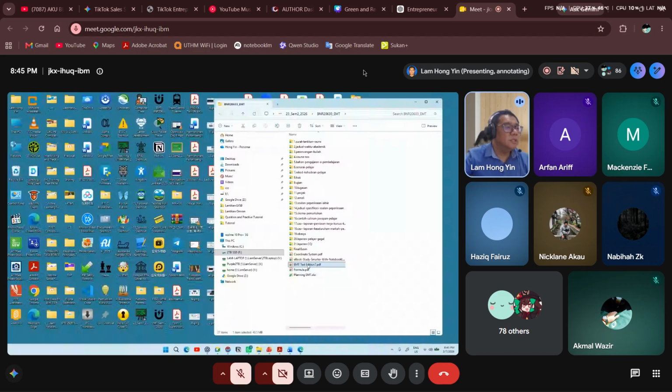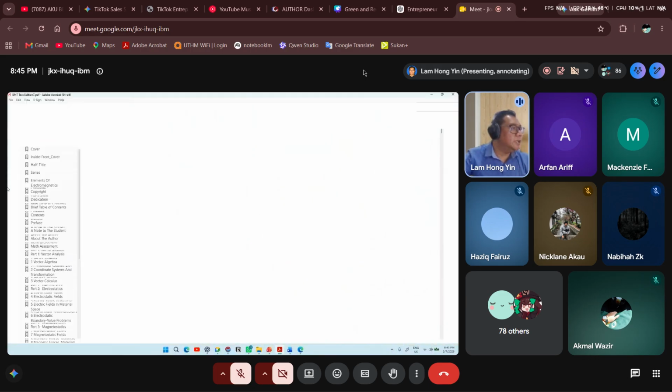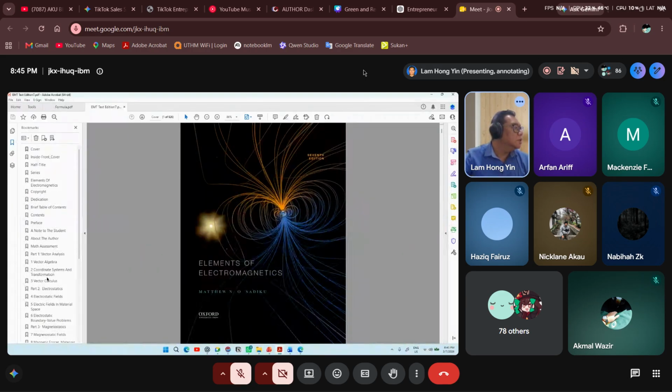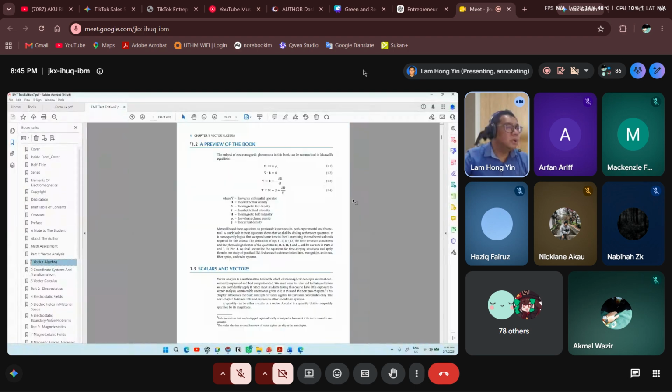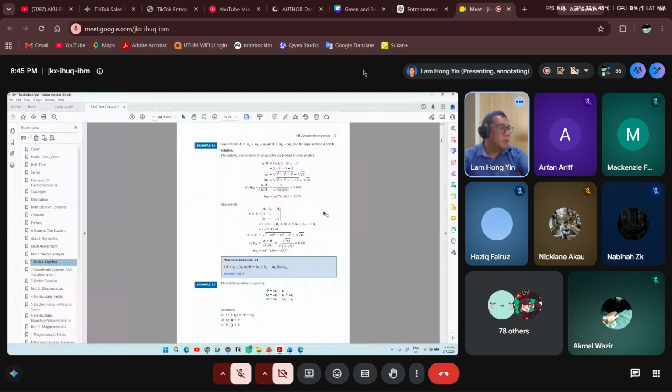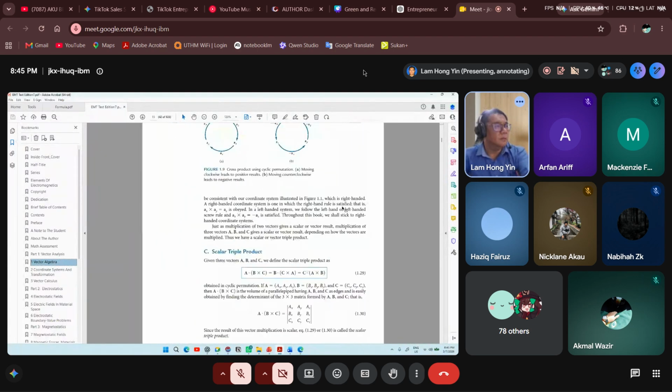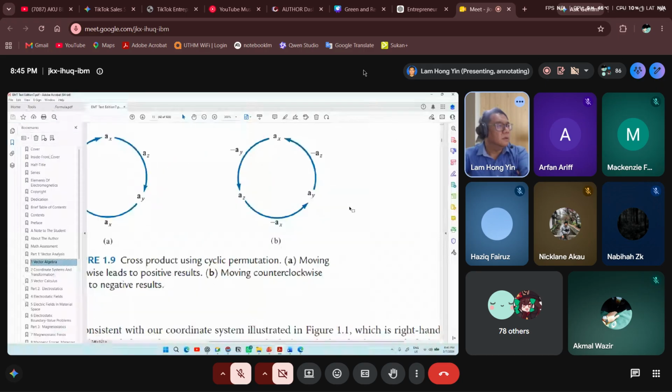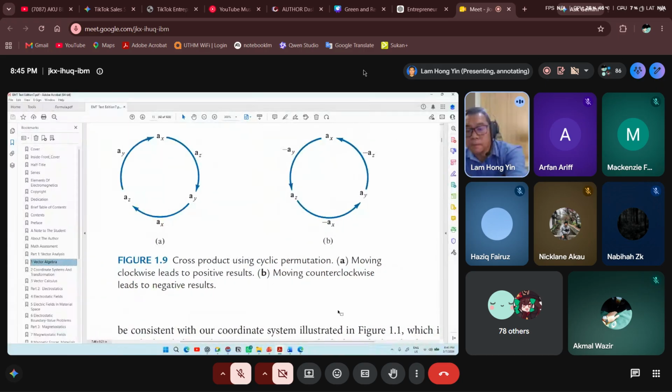The cyclic permutations should be at the page. I remember this one. Yeah, this one. Okay, so let me extract this.